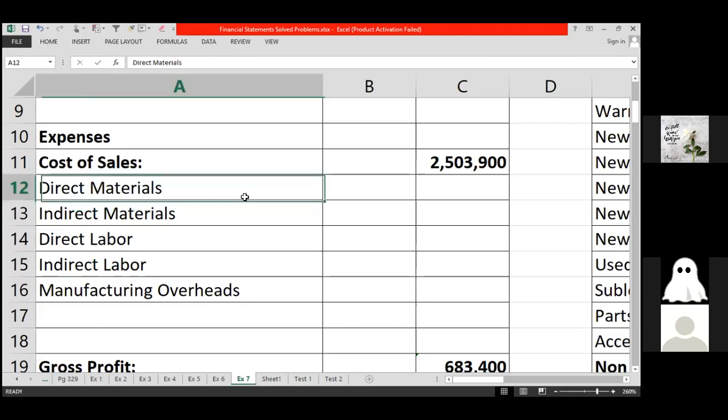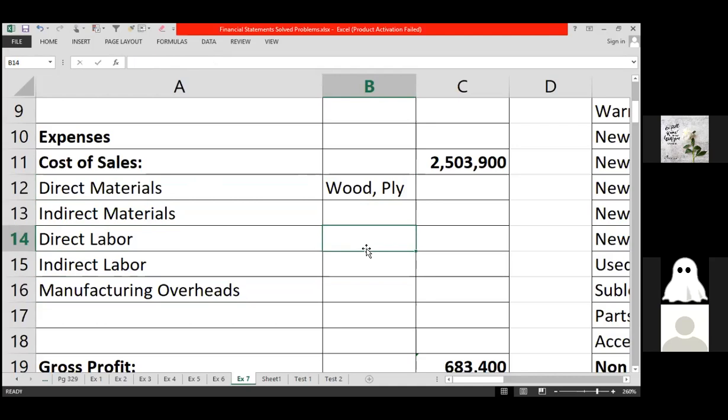Okay, so they are saying here that let's say the furniture manufacturing company, wood or the plywood that we have, that is part of direct material, whereas nails, glue, thread is a part of, sorry, indirect material.